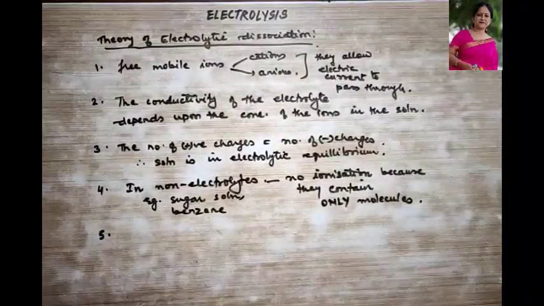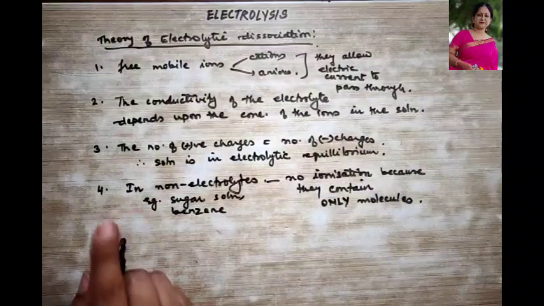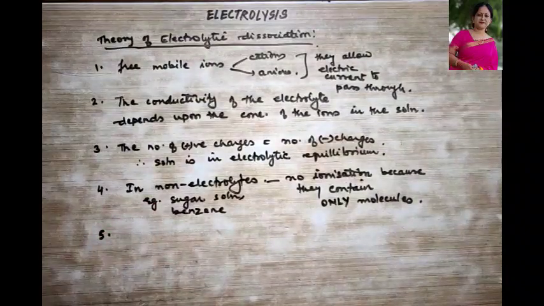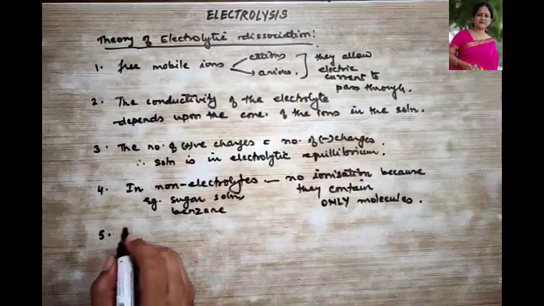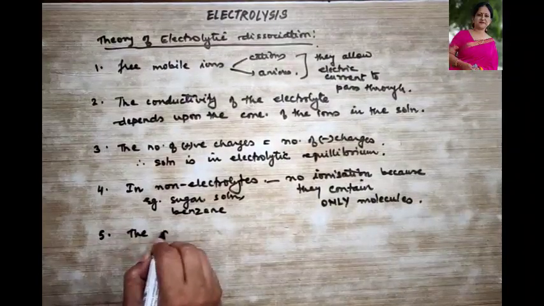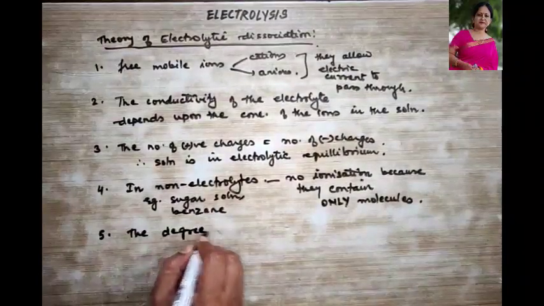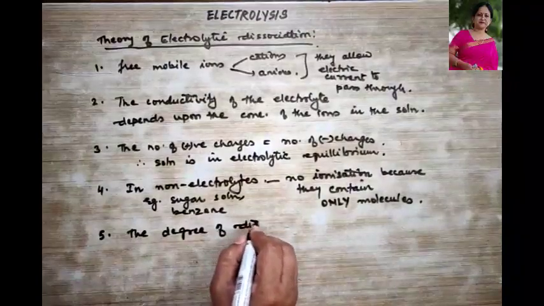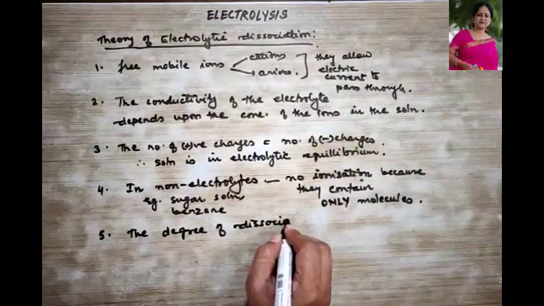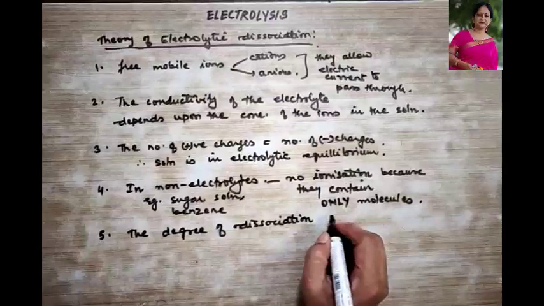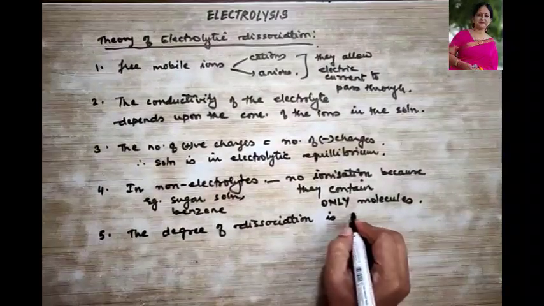Fifth point, the degree of dissociation. It is the extent to which an electrolyte dissociates or breaks up into ions.